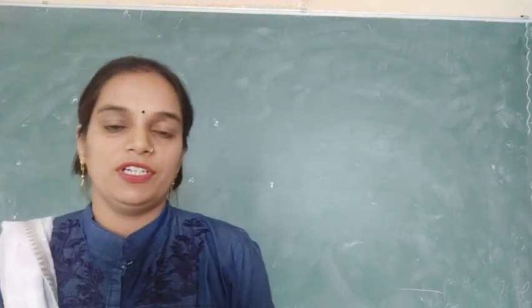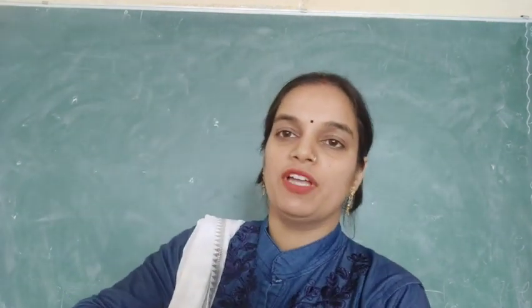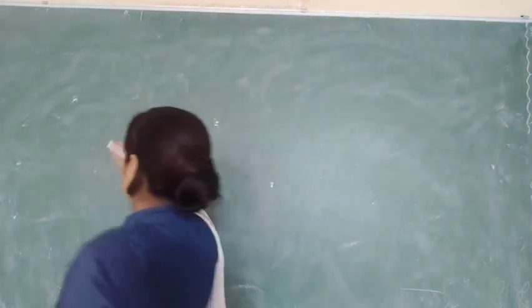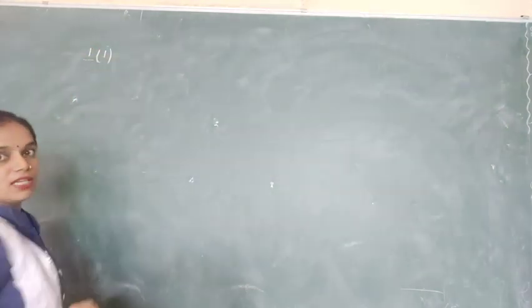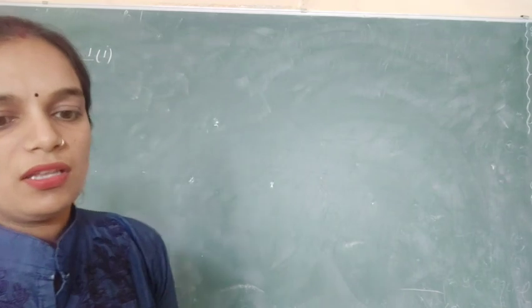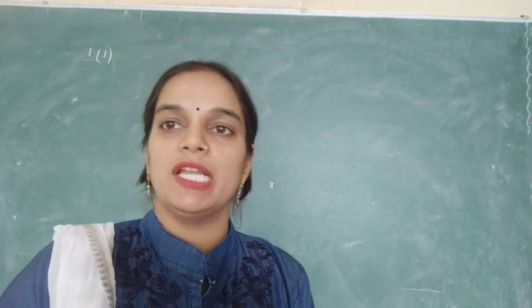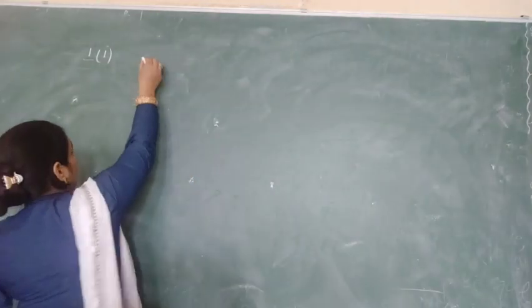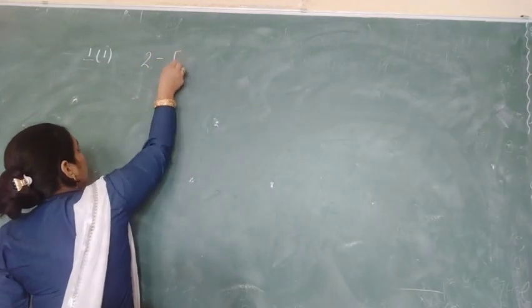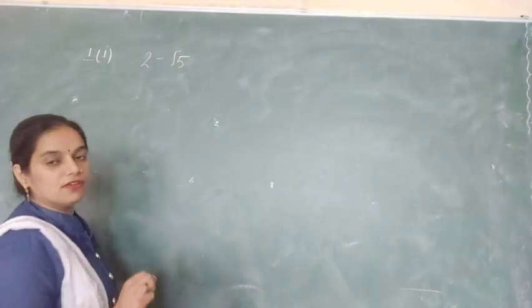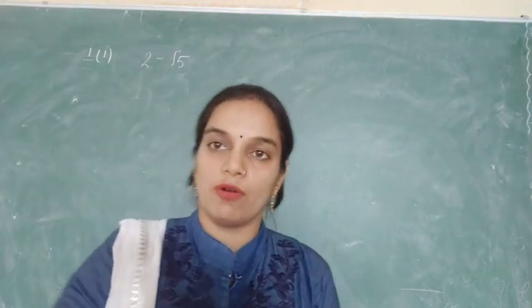In question number 1, we have the first part. In the first part, we have to tell whether 2 minus under root 5 will be rational or not.